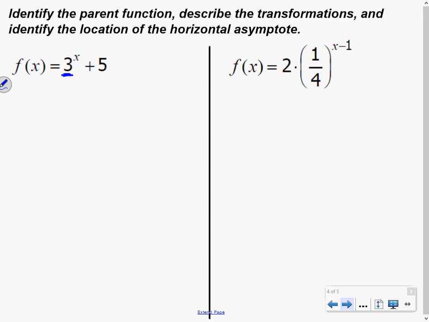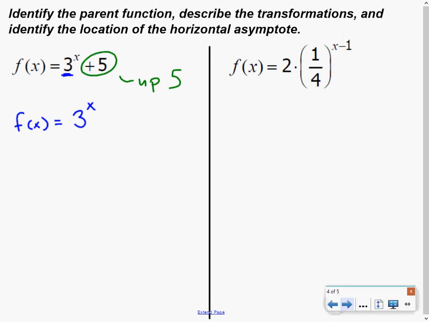So our parent function here would just be f of x equals 3 to the x power. Now you're just stripping it down and you can compare the function you have to the parent function. The only difference here is that we have a plus 5. So that must mean that the parent function is shifted up 5 units.